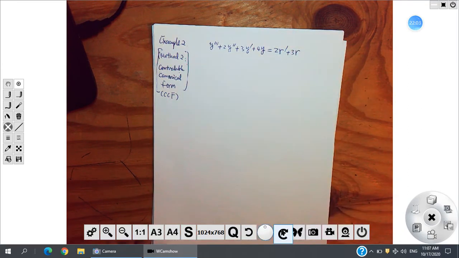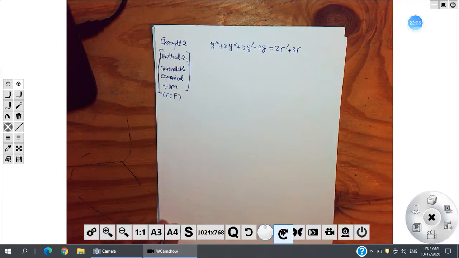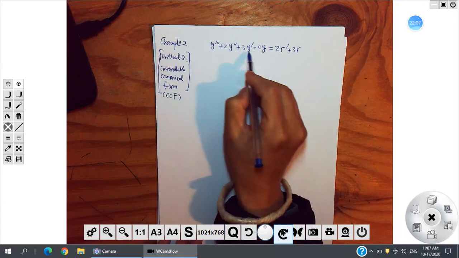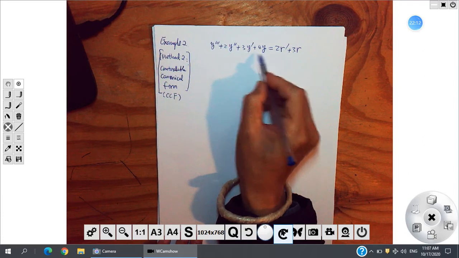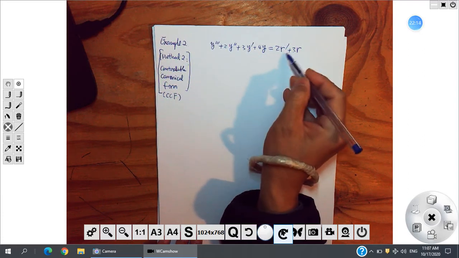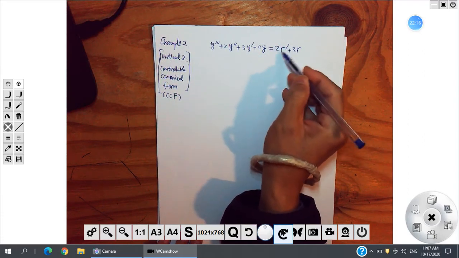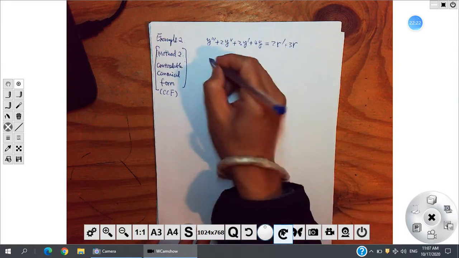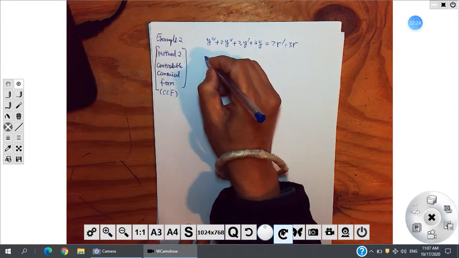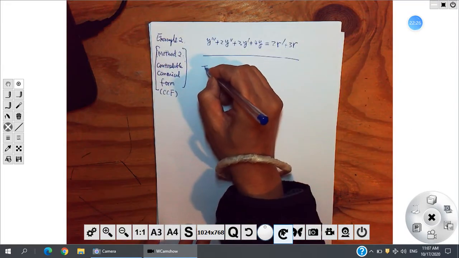Now if you just let those y's be the state variables x1, x2, x3, you cannot treat this r prime. So we have to work in a different way. We have the transfer function firstly.